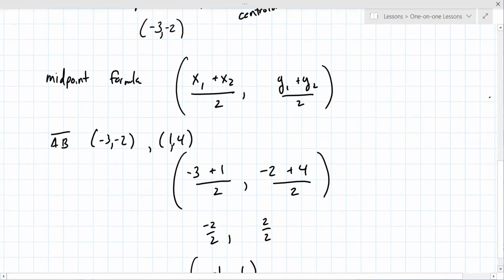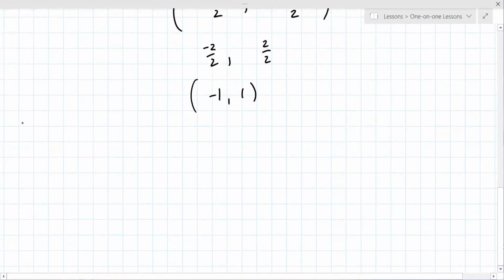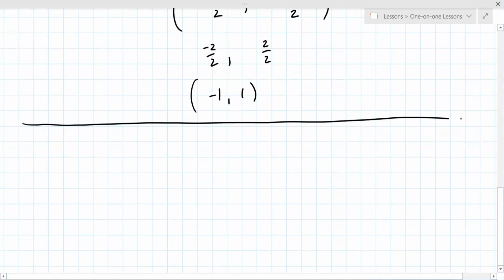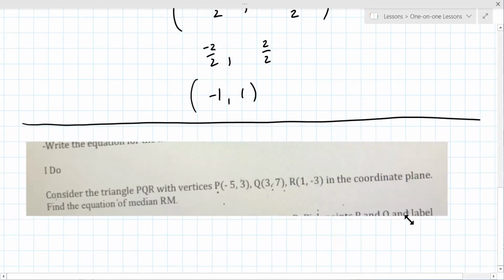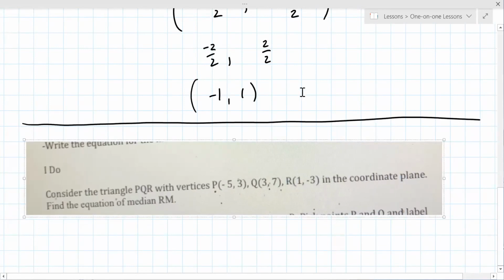Yeah. Okay. So I want to grab the problem that you were working on here. It's always good to run through the same problem again. So they give you a triangle with these three vertices.